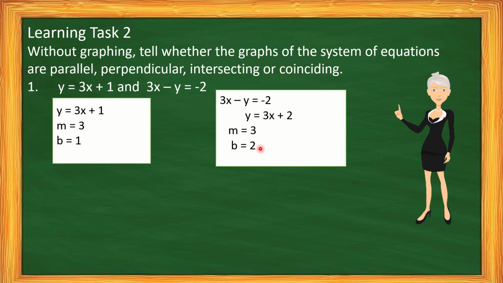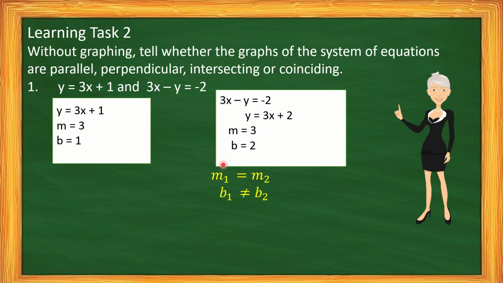So, let us analyze now the slopes. So, kung makikita nyo, m is 3, m equals 3. So, pareho sila ng slope. b equals 1, b equals 2. So, magkaiba sila ng y-intercept. Okay, therefore, so what type of graph?